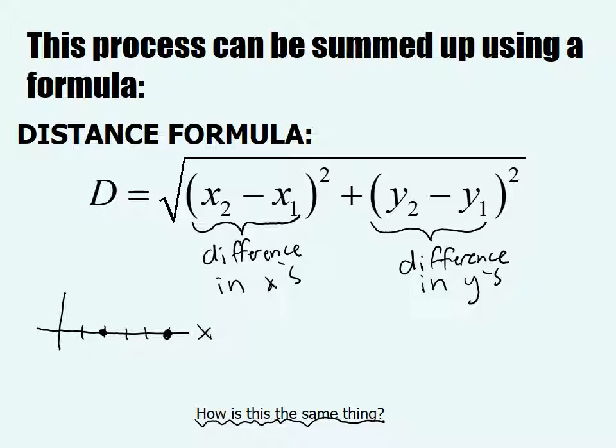Well, x2 minus x1 is 3, so the distance between them is 3. It's the same thing as counting the distance, but now we have a formula to find the distance.